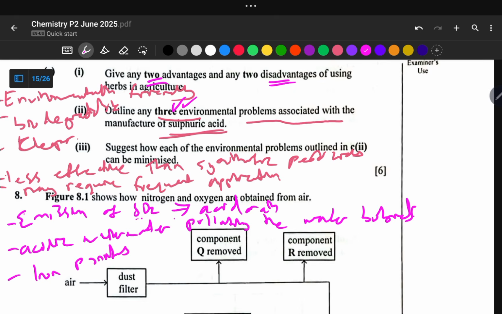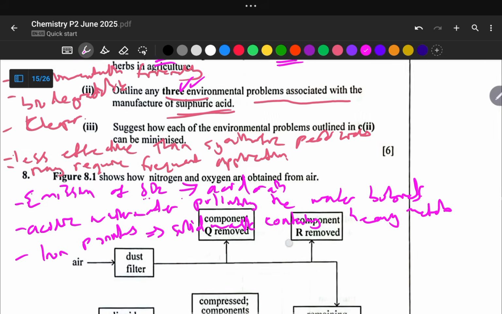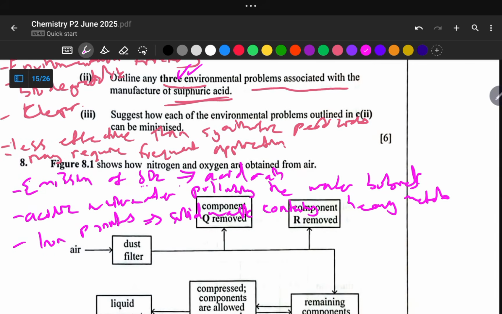So this will result in solid waste, which can contain heavy metals. Are we together? So this is what you need to know for number 7. And then we are now moving on to number 8.